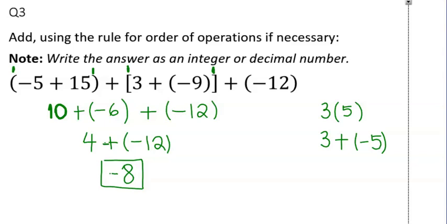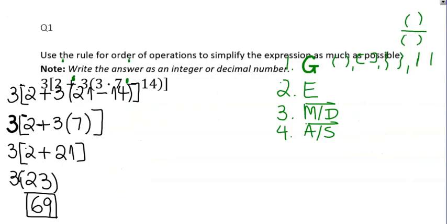The purpose of this parenthesis here is only to delineate the negative 6. Here, the purpose of this parenthesis is for grouping. On the previous problem, the purpose of this parenthesis here was to multiply. Okay, to indicate multiplication.